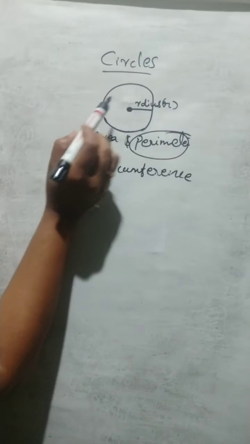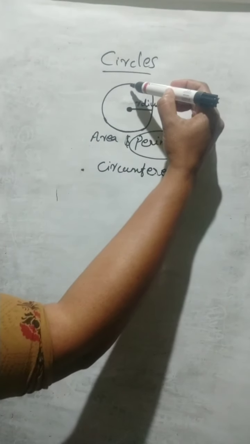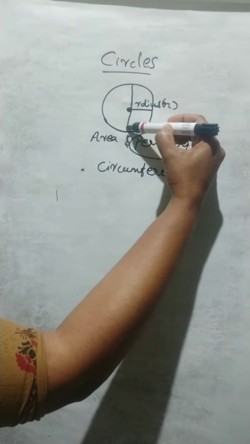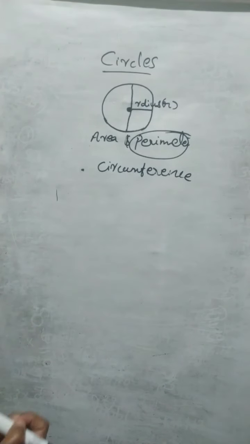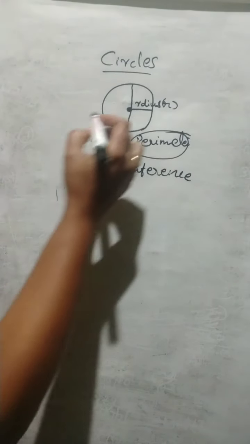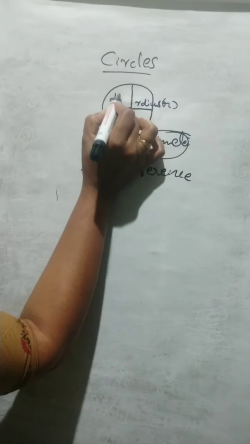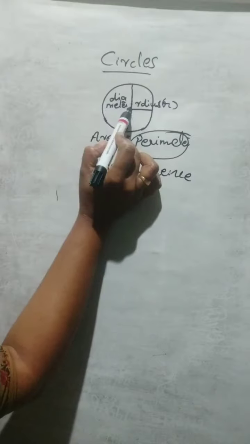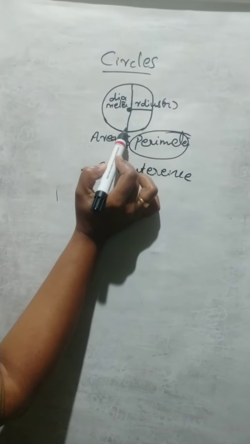The distance from here to here, and this line is passing through the center, that is known as the diameter. Diameter is from here to there and from here to here.